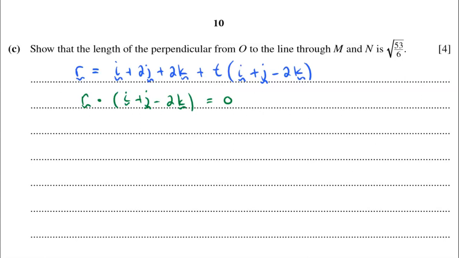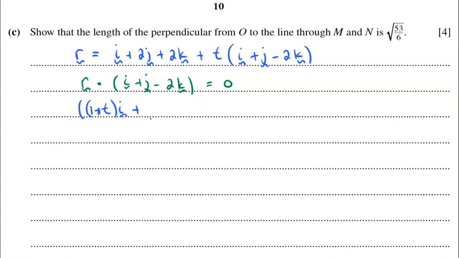In other words, we will get 1 plus t times i, and then we're going to add 2 plus t times j, and then we've got plus 2 minus 2t times k.